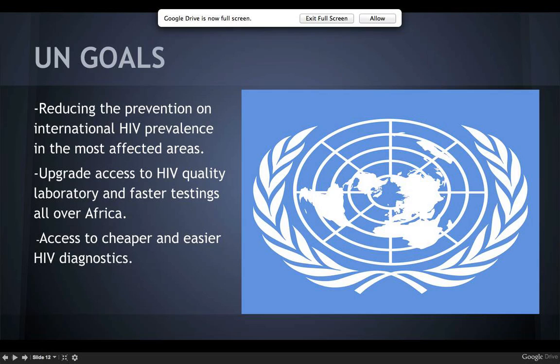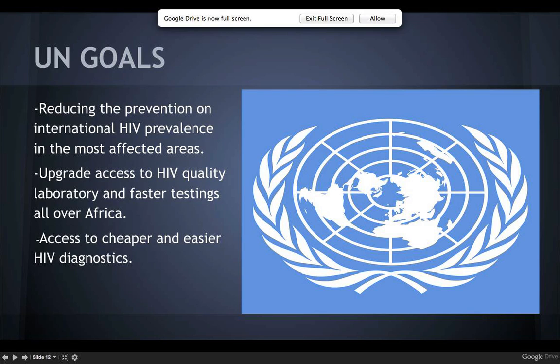They wanted access to efficient treatments for a longer time and faster testing, and they just made one for 2015 that is really similar: cheaper treatments and testing, and access to diagnosis so that people know that they have HIV.